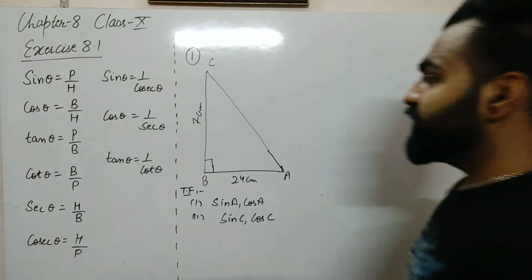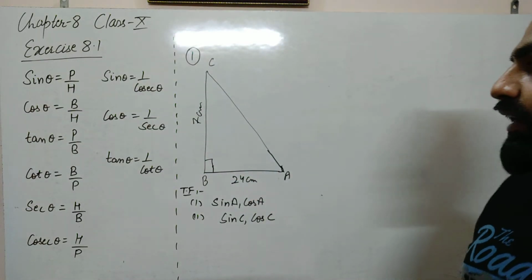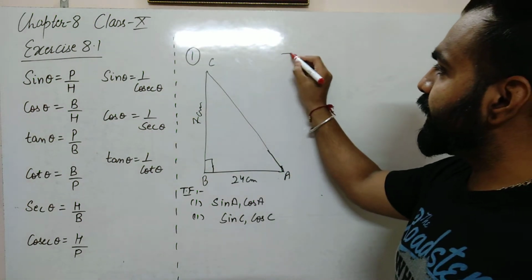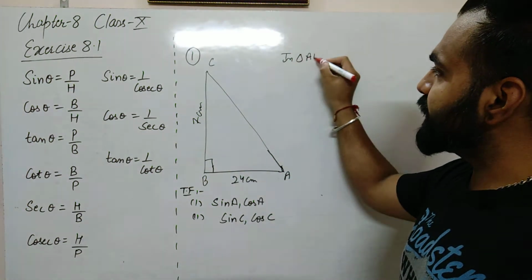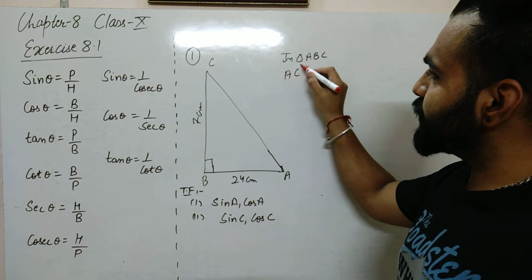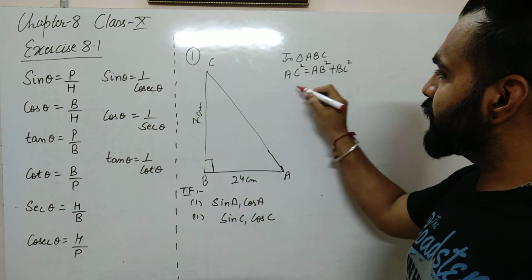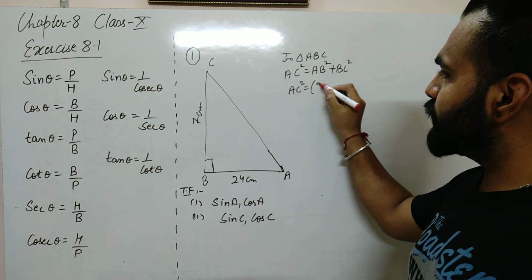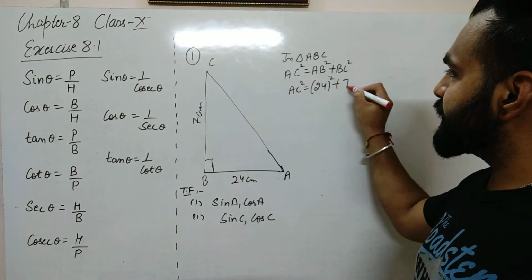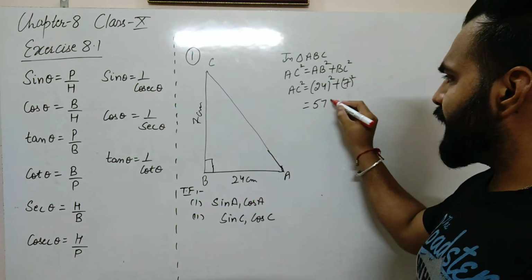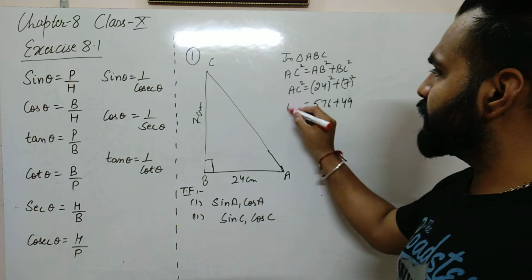So first of all, we can see that it is a right angled triangle. So we will find the third side here, that is the hypotenuse. So we can write in triangle ABC, AC square equal to AB square plus BC square. So AC square will be equal to 24 square plus 7 square. This will be 576 plus 49.